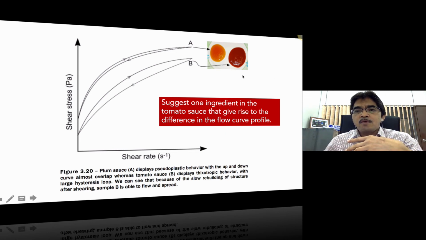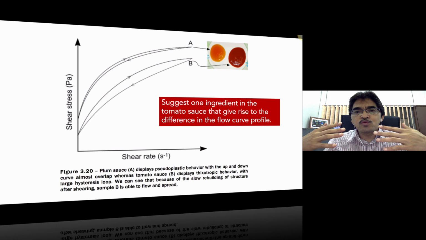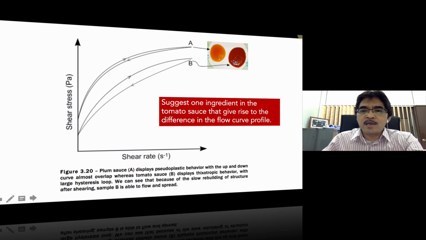Whereas for sample B, maybe a different kind of hydrocolloid, which has less ability or is slow to recoil or rebuild the structure. So the type of hydrocolloid that we add in the two samples might be different, and that will give different flow behavior, whether it shows pseudoplastic or thixotropy behavior.